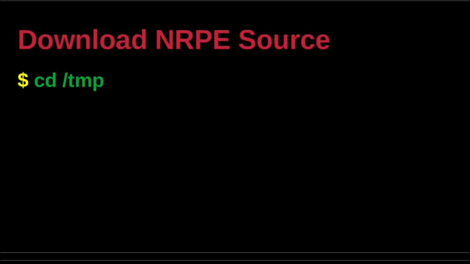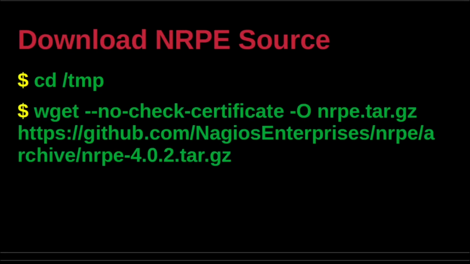When this tutorial was prepared, the current version of NRPE was 4.0.2. Download the source archive file onto the remote computer and extract the contents to a local folder.